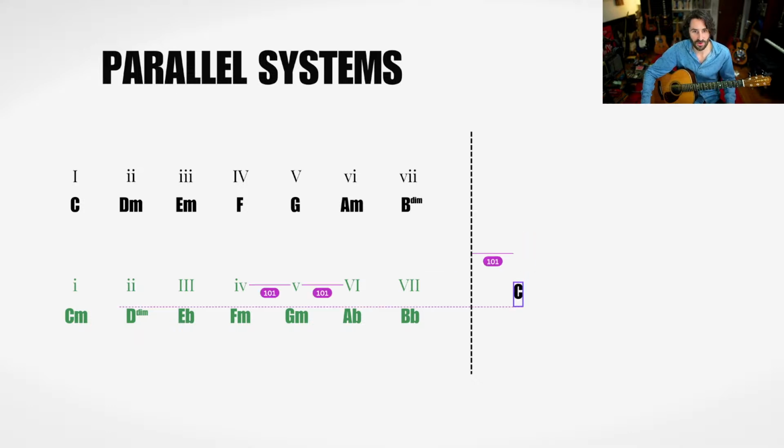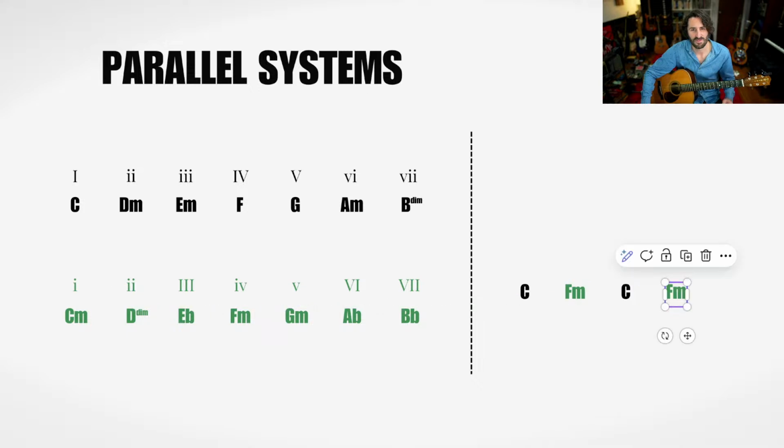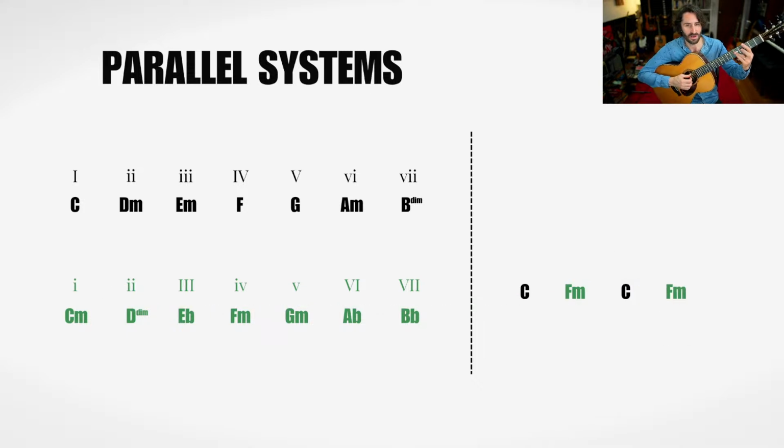So we put it down here in the chorus and go, great, I'm going to go 1 to a minor 4. Pretend that's my chorus. That's going to feel like a great chorus. That's going to be great.